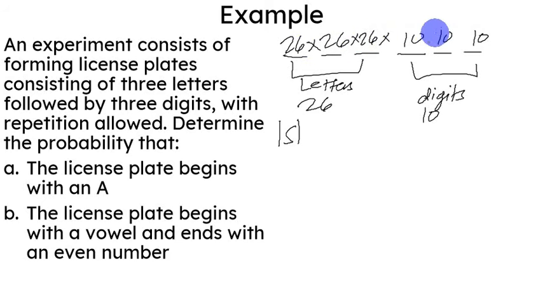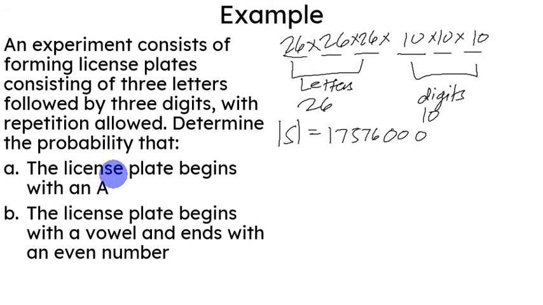Via the fundamental principle of counting, this gives us a whopping 17,576,000 possible license plates. So this is the cardinality of our sample space. Quite a lot. That's why we did not even attempt to list the elements of the sample space.